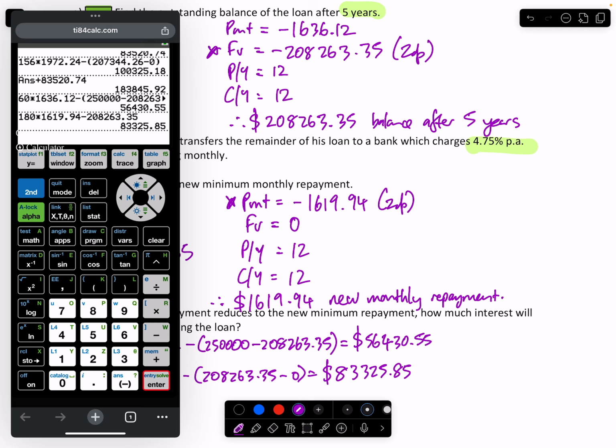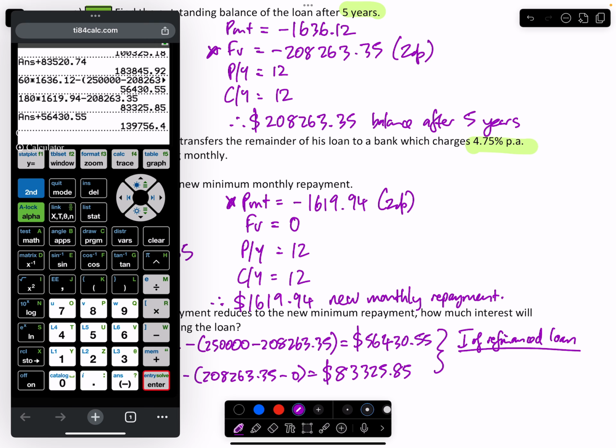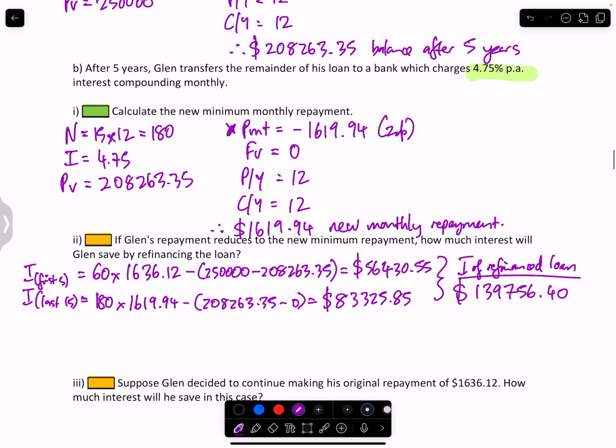So total interest of the refinanced loan is those two added together, what was that? Plus 56,430.55. So that comes to $139,756.40. So just like your DI, you're constantly comparing it to the default loan.